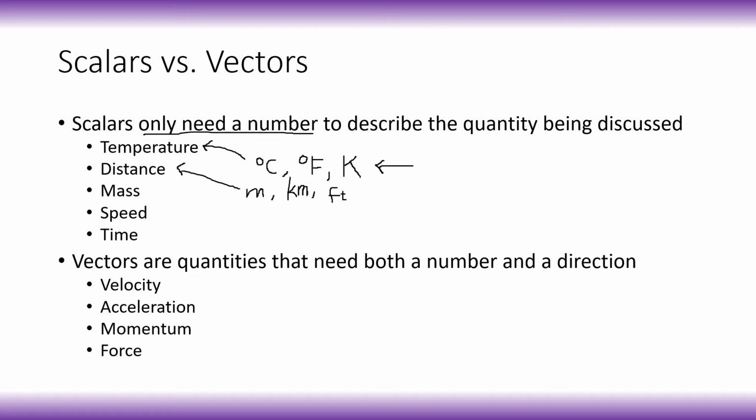So they'll have these units attached to them because I can't say that somebody is 3 away from me, right? I have to say they're 3 something away from me. They could be 3 meters, in which case I'm standing pretty much just across from them, or they could be 3 kilometers away from me, which means they're somewhere else in the city. Or, if I went into larger, more obscure units, then they could be several cities away from me.